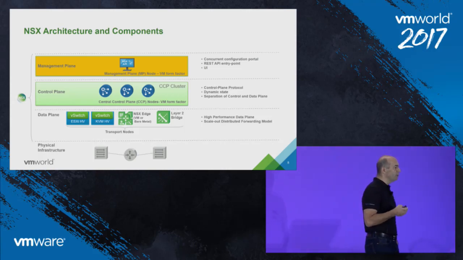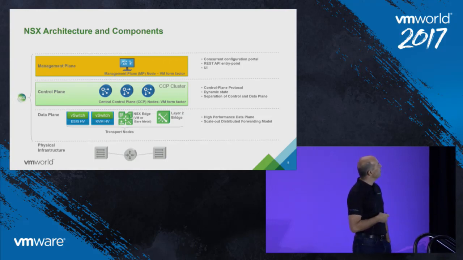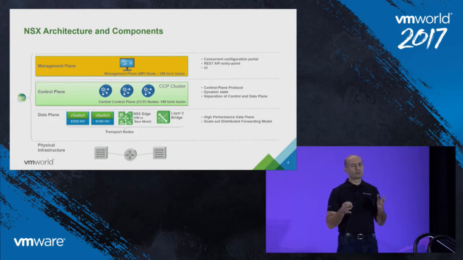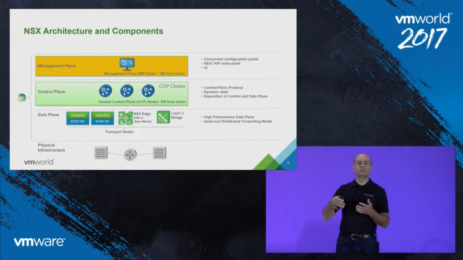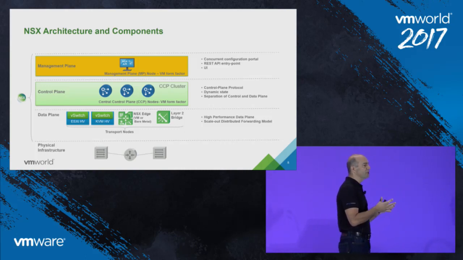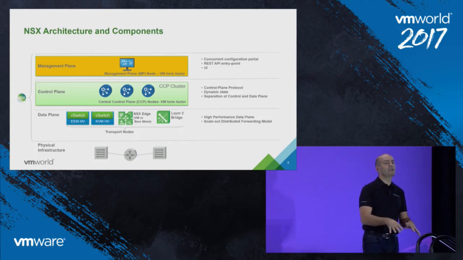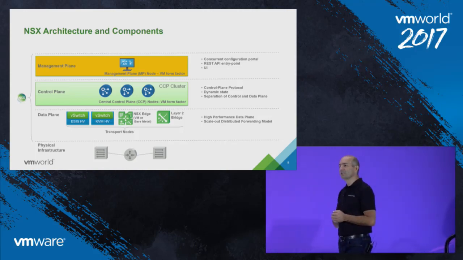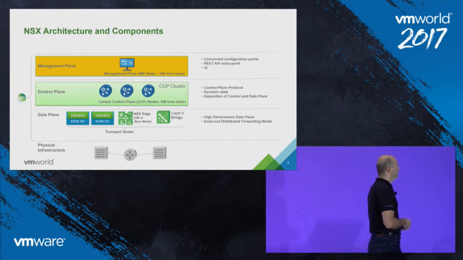Above our control plane, we have the management plane, which right now is a single virtual machine called the MP node, the management plane node. The role of this virtual machine is to accept UI input or API calls from the users in order to configure the network, to store this configuration, this is what we call the desired configuration, and then disseminate it inside NSX so that it becomes realized and effective, basically.